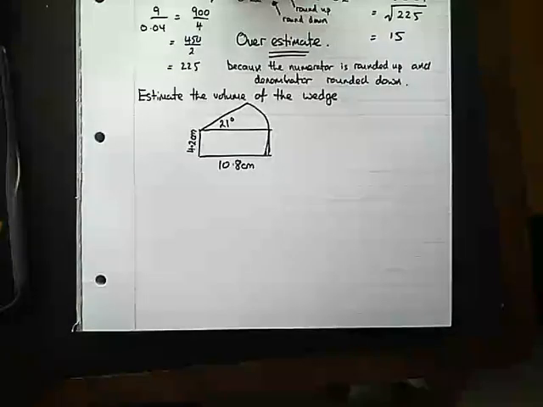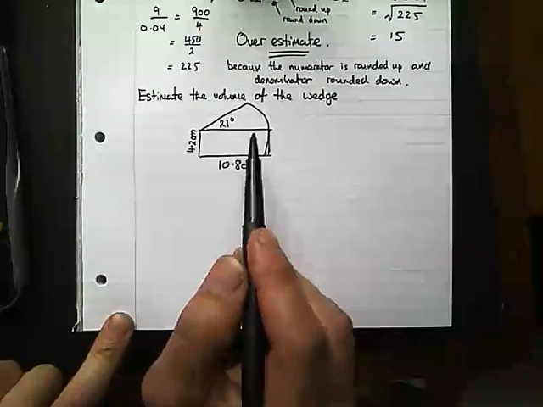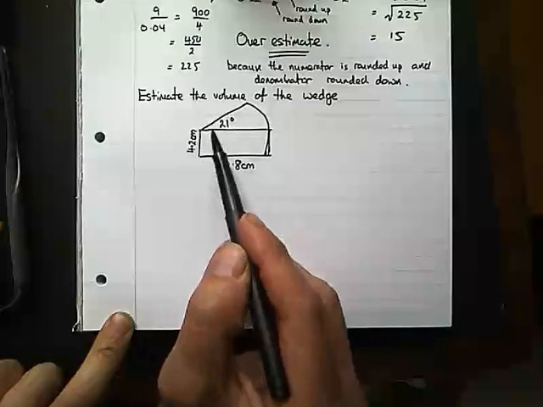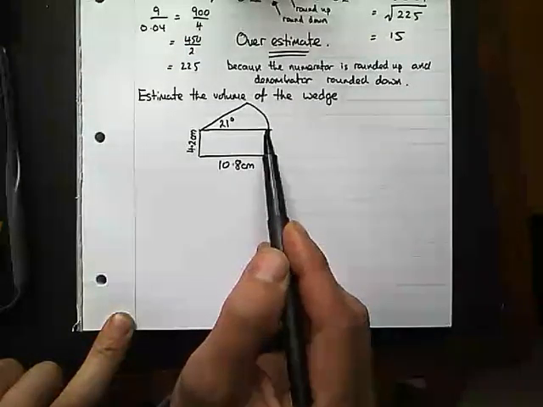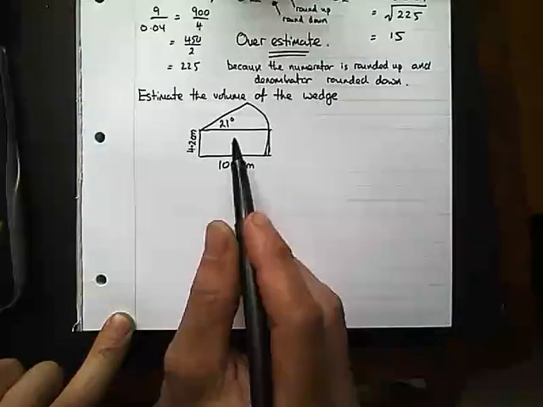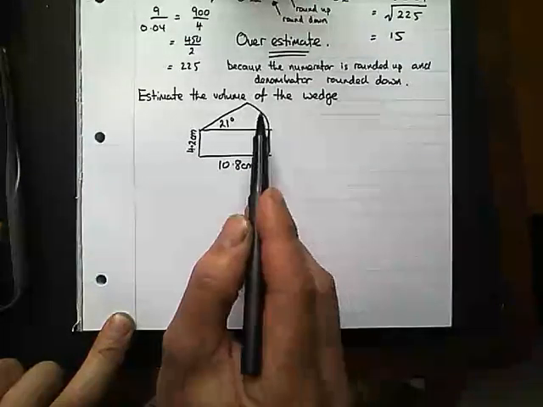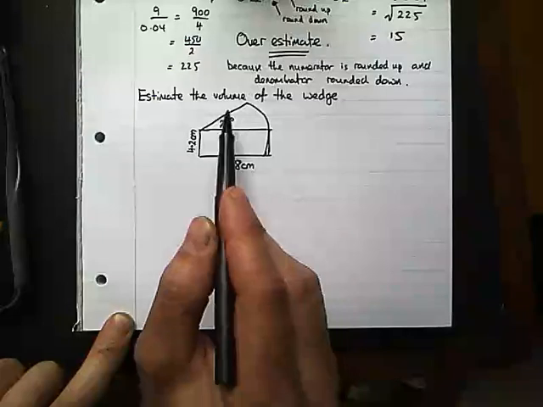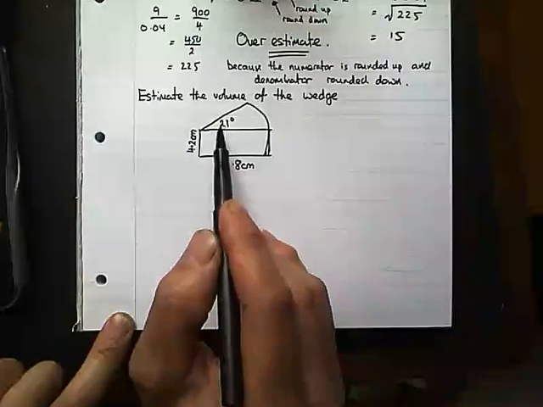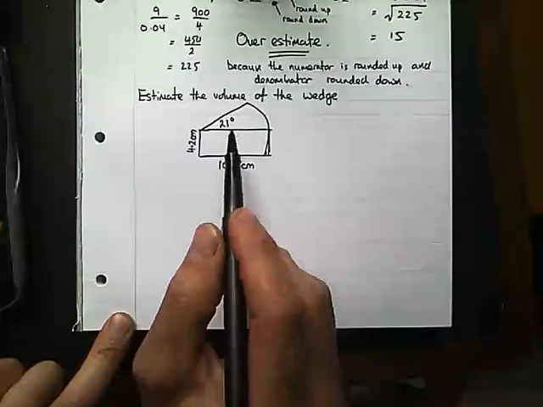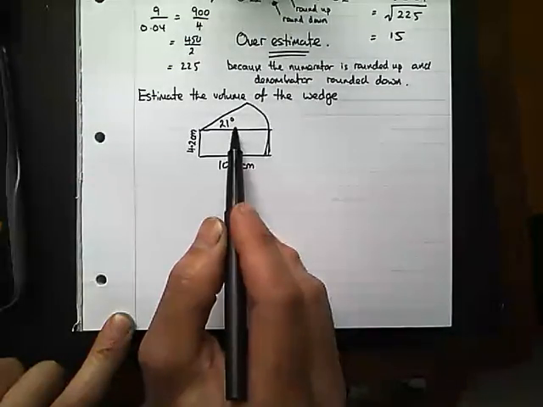Okay, so here, if we're going to work out the volume, we're going to need the area of this sector. Okay, so the formula that we use for working out the area of a sector is the area of the circle times the portion of the circle you've got, which is 21 degrees of 360. But don't forget, we're going to round this to 20.